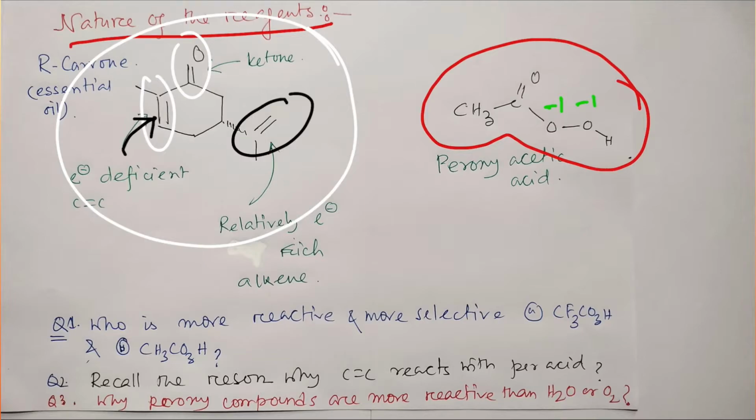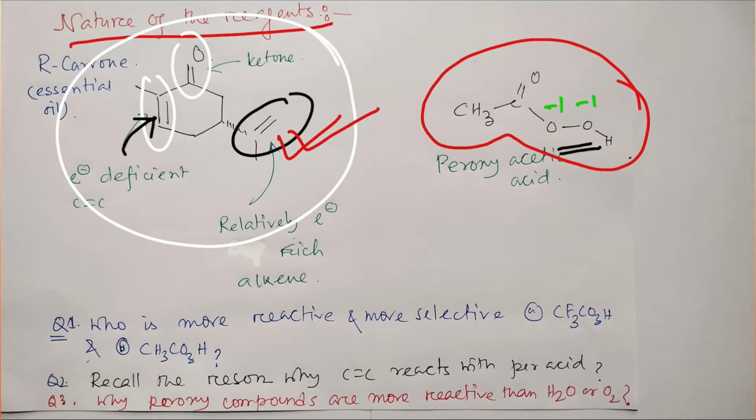So in this case, which position will they oxidize? Actually, they will oxidize the alkene. And since the oxygen-oxygen bond, a peroxyl linkage, is electron deficient, they will attack the electron rich double bond. So in this case, which one is electron rich? This one. So the reaction will happen at this double bond.